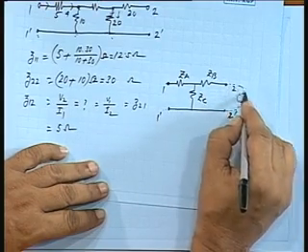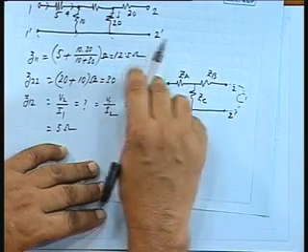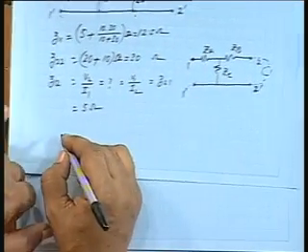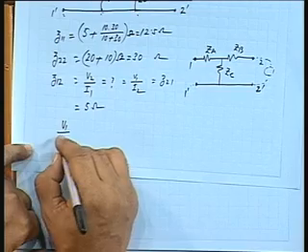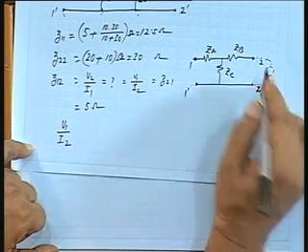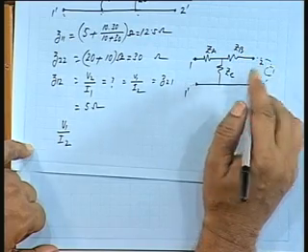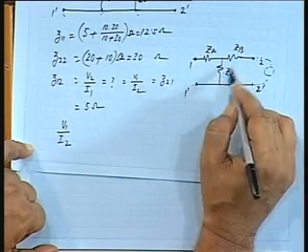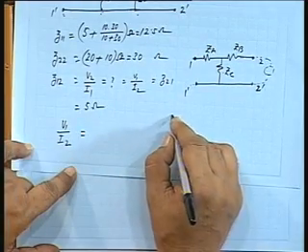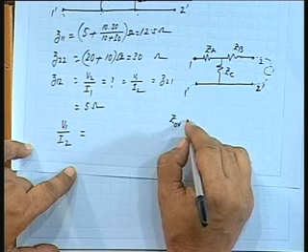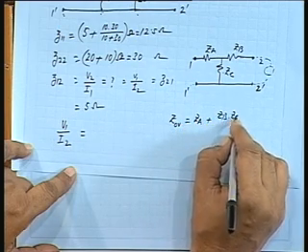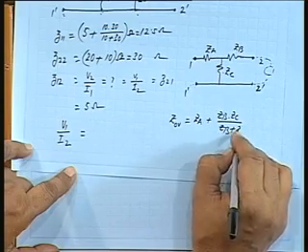When I am shorting this and measuring the ratio of voltage to current, how much is V1 by I2 when this is shorted? When this is shorted, ZA plus the combination of ZB, ZC is the overall impedance. So overall impedance is ZA plus ZB ZC by ZB plus ZC.